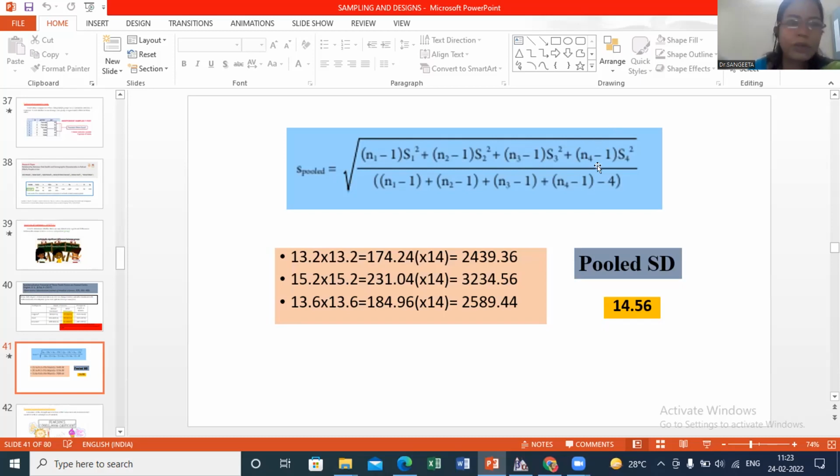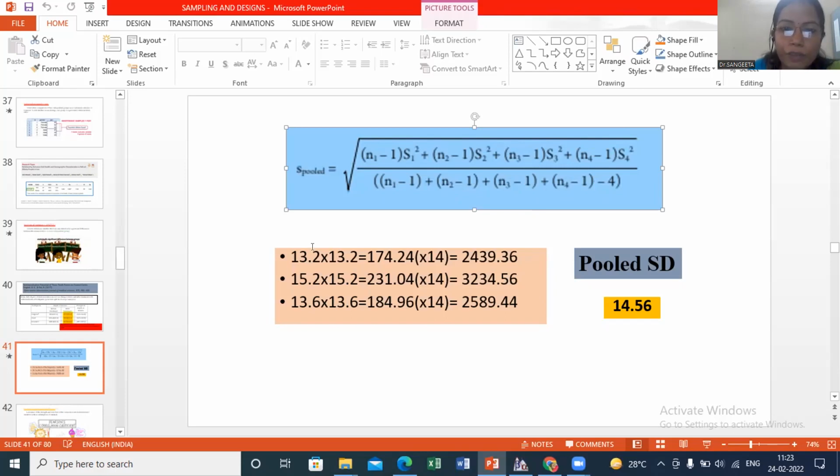This is extra; if you have a fourth group, you can include that. And next is N1 minus 1 plus N2 minus 1 plus N3 minus 1 minus the number of groups. So here it is 14 plus 14 plus 14 minus 3.